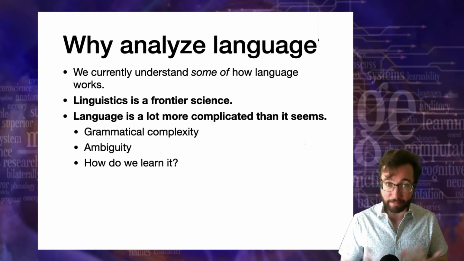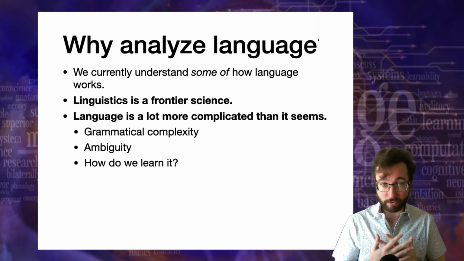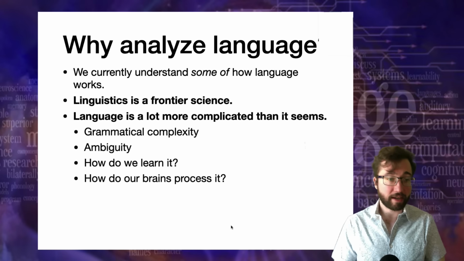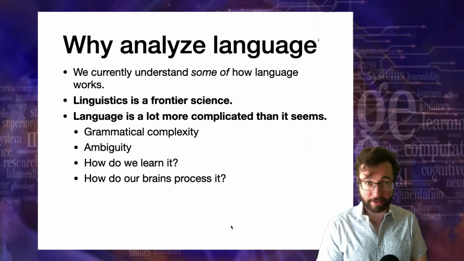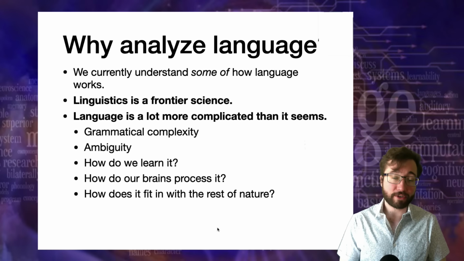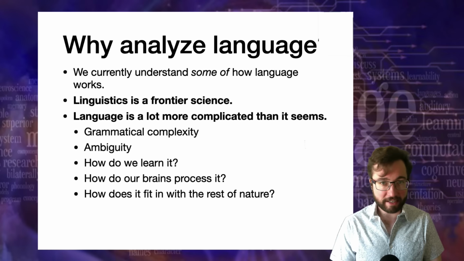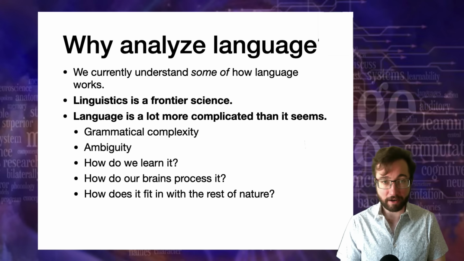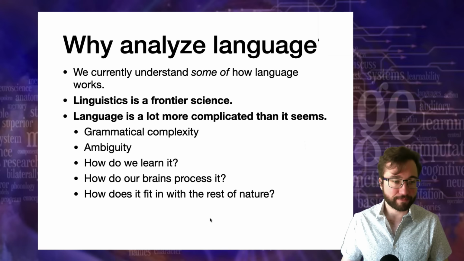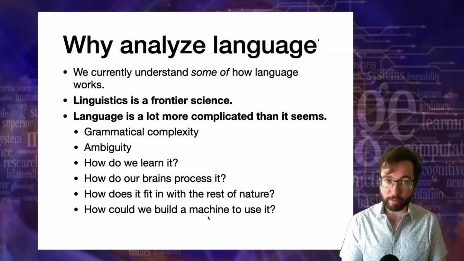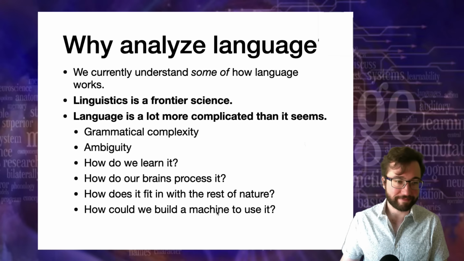So how is that possible? How is it that we all are able to learn language? How is it that our brains process language? And so on. How does language fit in with the rest of nature? There really isn't anything else in nature that has the structure of human language, as we're going to see. And how could we build machines to use language? And so on.